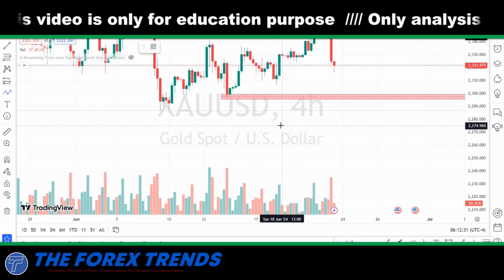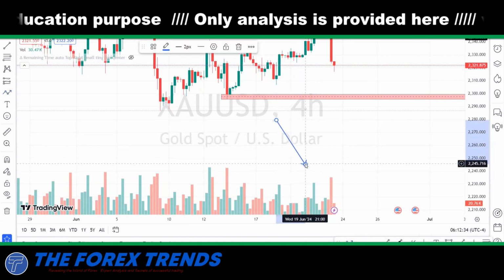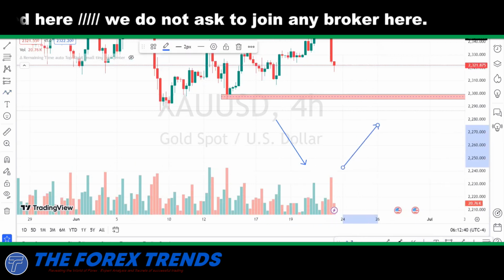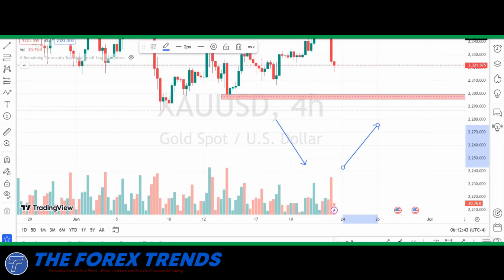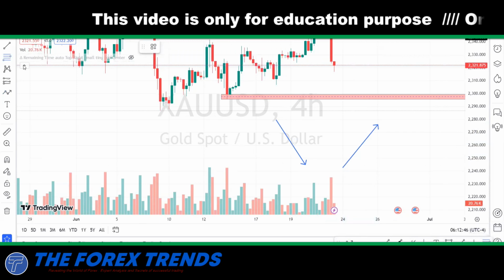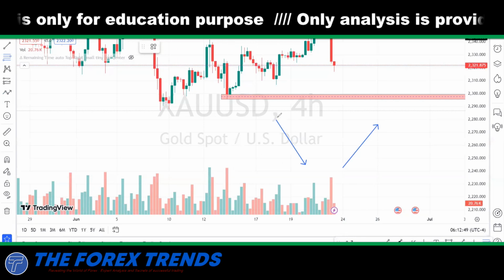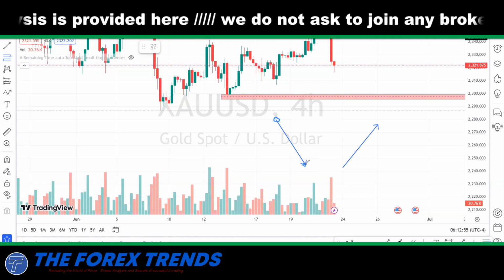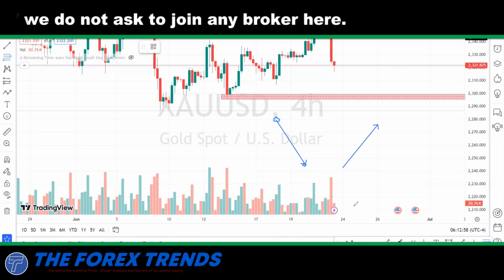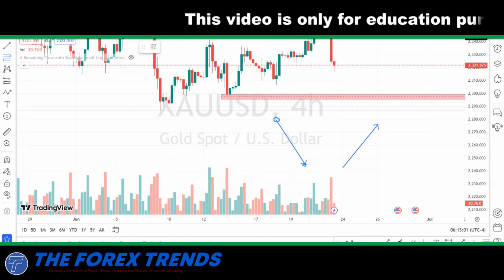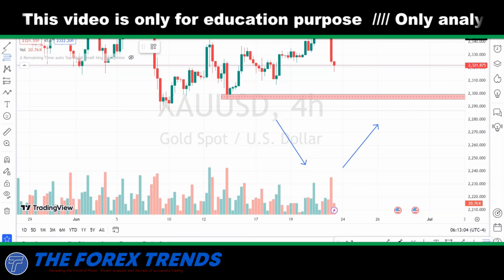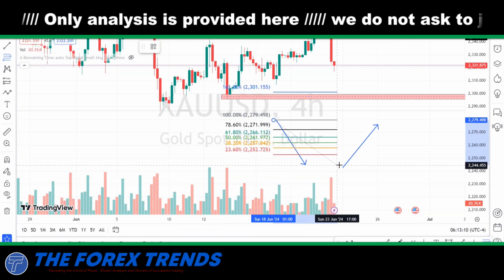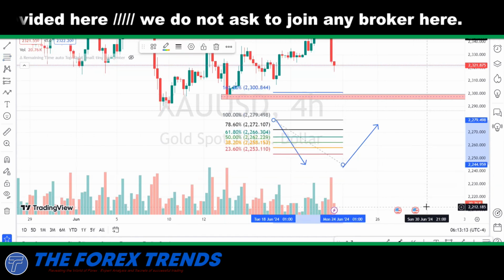Whenever the market creates an impulse like this or like this, one is a bullish impulse and one is a bearish impulse, we need to plot the Fibonacci from the starting point of the swing up to the ending point of the swing. These two points we need to plot the Fibonacci. So let me plot the Fibonacci for the entire impulse. This is a single impulse and I plot a Fibo for this entire impulse.